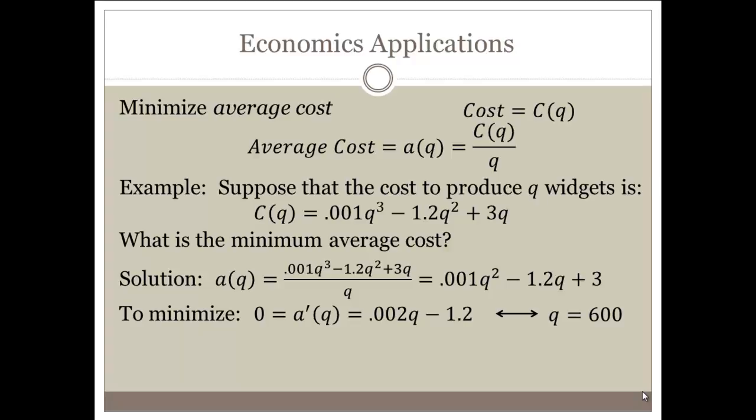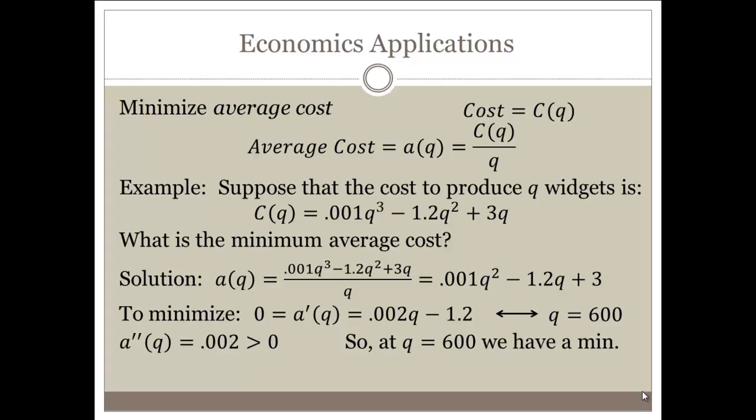So far, we have simply found that Q equals 600 is a critical point, but is it a minimum? To do this, let's use the second derivative test. A double prime of Q equals 0.002, which is always positive for any value of Q, including 600. So, by the second derivative test, at Q equals 600, we have a minimum.